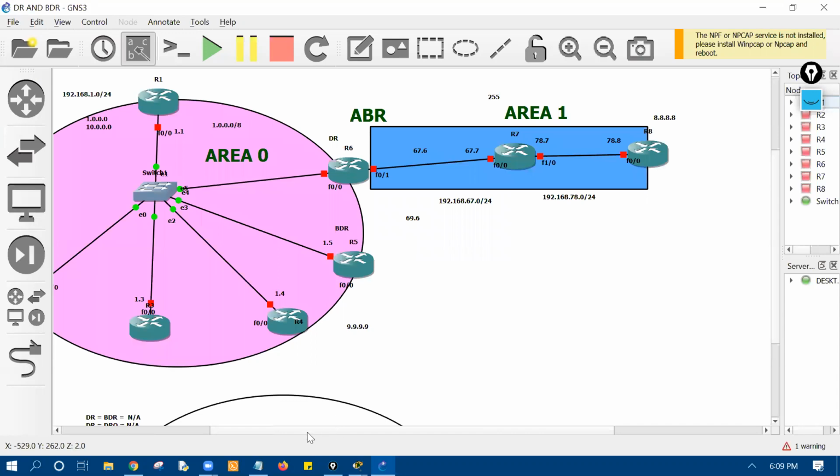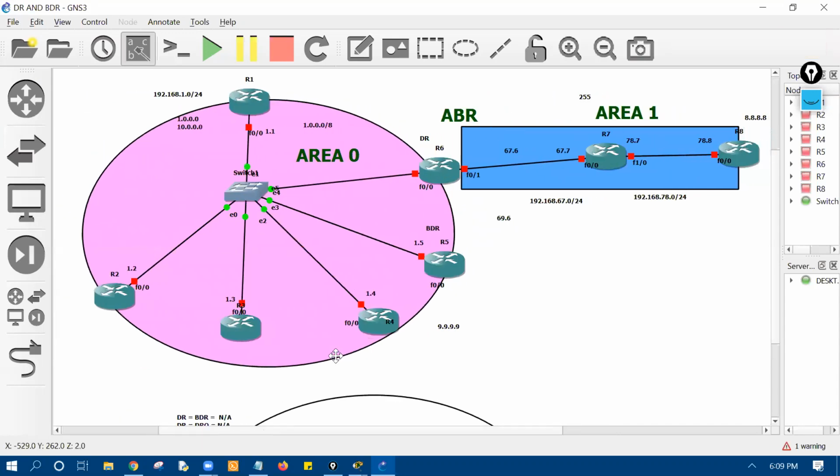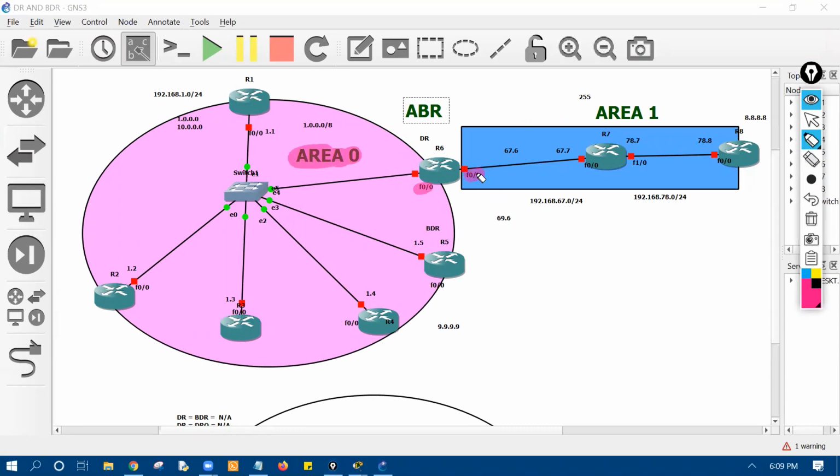Okay, perfect. So now if you see, R6 will become the ABR router. Why? Because this interface belongs to area 0, and this interface belongs to area 1. So this router will become the ABR.